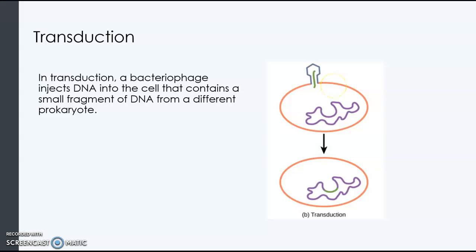The virus can be used as a vector to transmit genes into the bacterium that are actually bacterial genes. But the process of transduction always involves a virus, a bacteriophage. And so it does the same thing as transformation, except the DNA comes from the bacteriophage rather than a plasmid, okay?